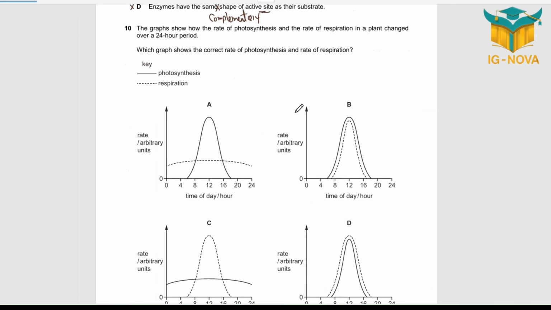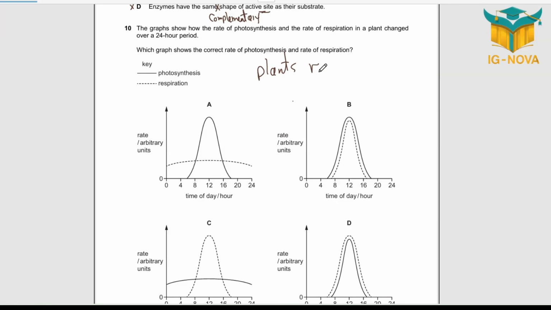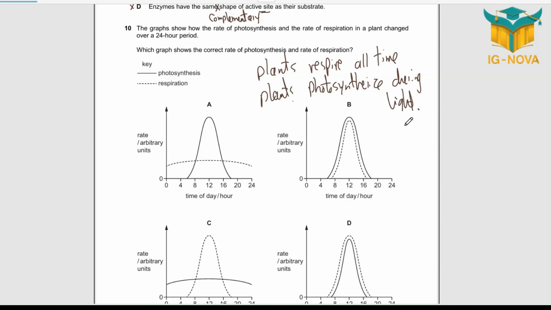Question 10. Photosynthesis and respiration. Don't forget that plants respire all the time. Plants photosynthesize during light. In our syllabus, grade 12 inshallah, we have a different story.